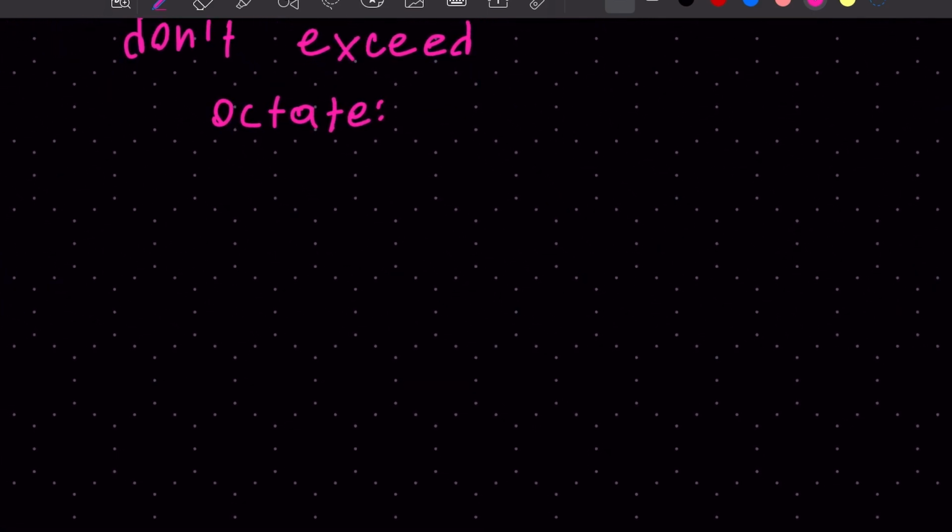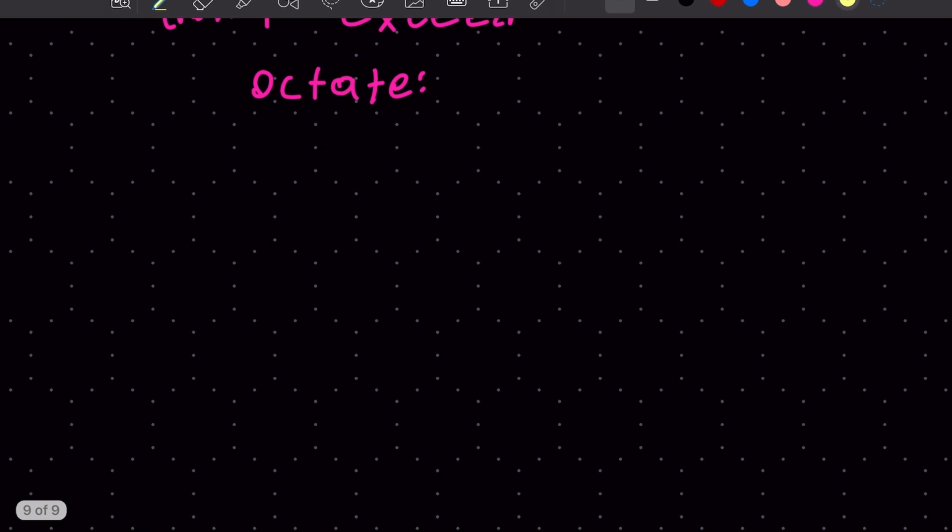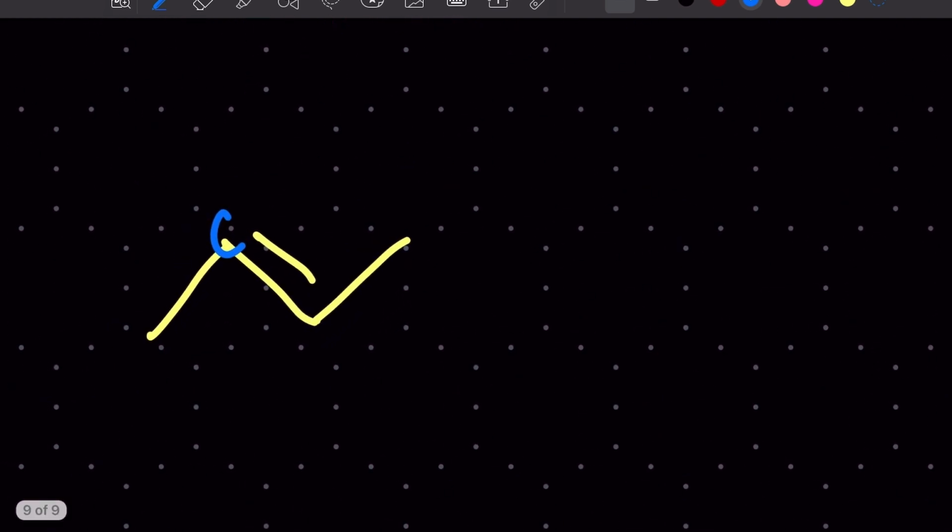Let's say, for example, let's zoom in here. Let's say you have this bond line structure right here, and you were asked whether this carbon right here exceeds the octet or not.